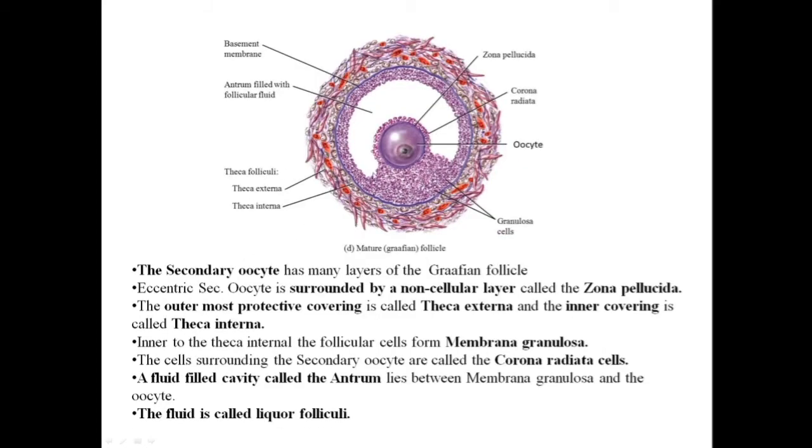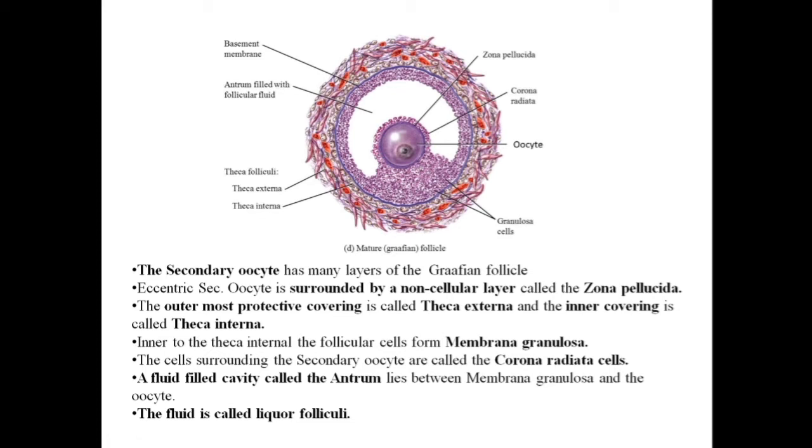So here you can see the mature Graafian follicle. The secondary oocyte, which is here in the middle, is surrounded by many layers of the Graafian follicle. The eccentric secondary oocyte is surrounded by a non-cellular layer, known as zona pellucida.